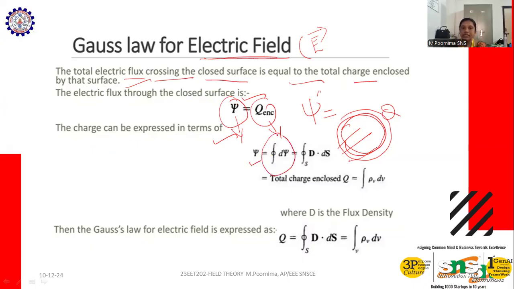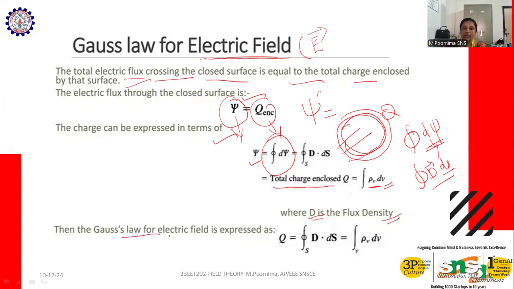The flux we can write in terms of the flux density D. So the total charge enclosed Q is equal to the integral of rho v into dv, where D is the flux density.